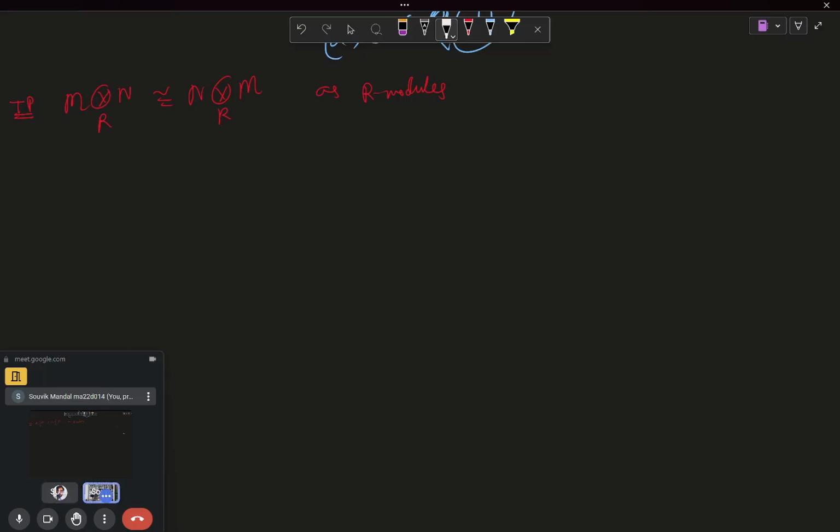Look, you need to construct maps from M tensor N to N tensor M. So what is mn? M and N are two different modules, so mn does not make sense, right? Yes.